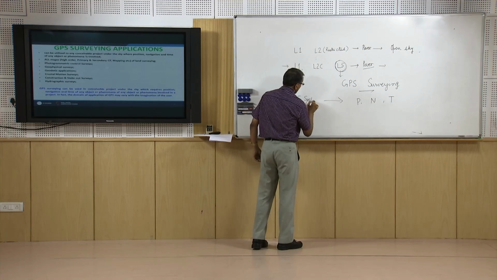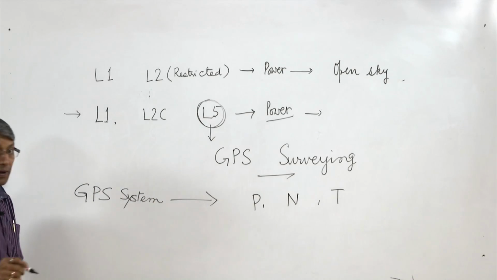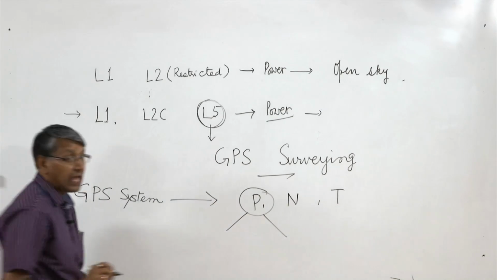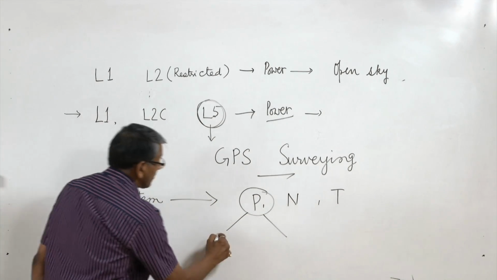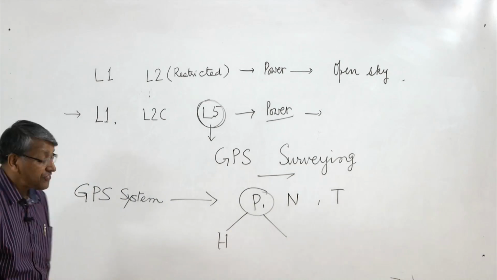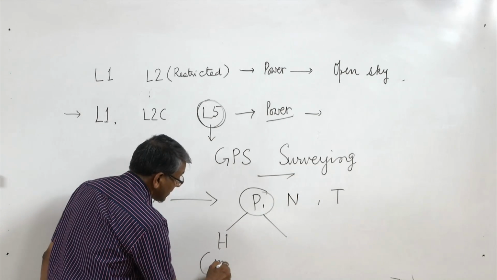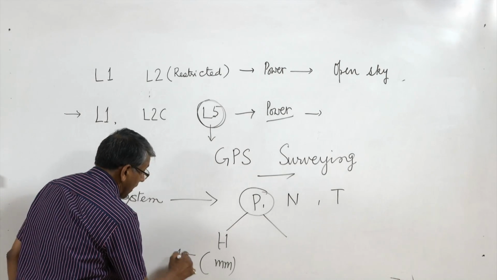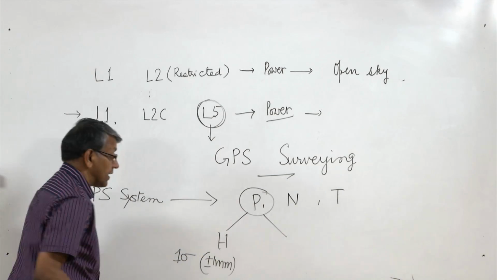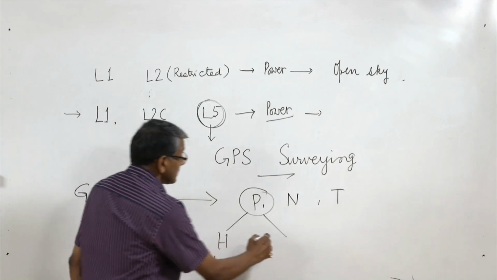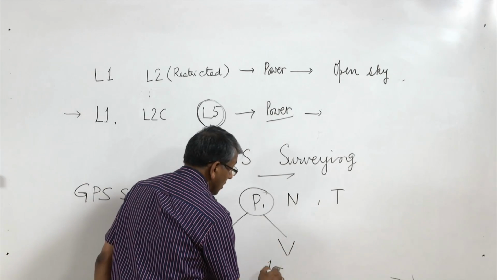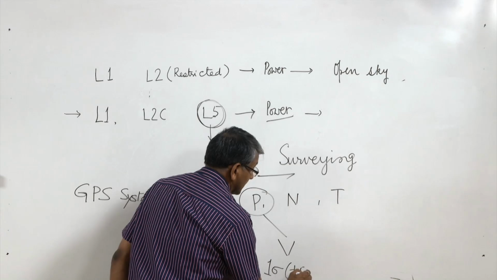GPS provides position. The accuracy in positioning, for horizontal positioning, we can very easily get millimeter accuracy: 1 sigma plus minus 1 millimeter, and vertical accuracy 1 sigma plus minus 5 millimeter.